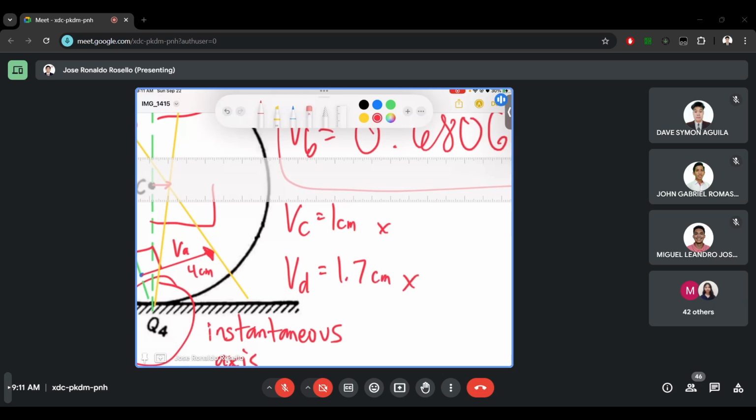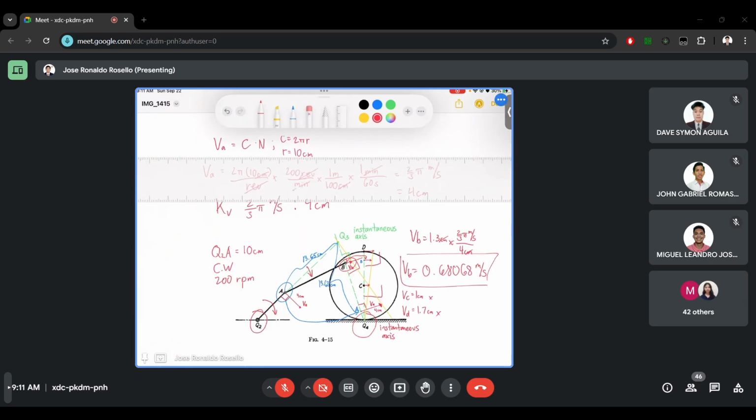Then we'll multiply it with the velocity scale, which is 2/3 pi meters per second over centimeter. You will have now velocity C and velocity D.